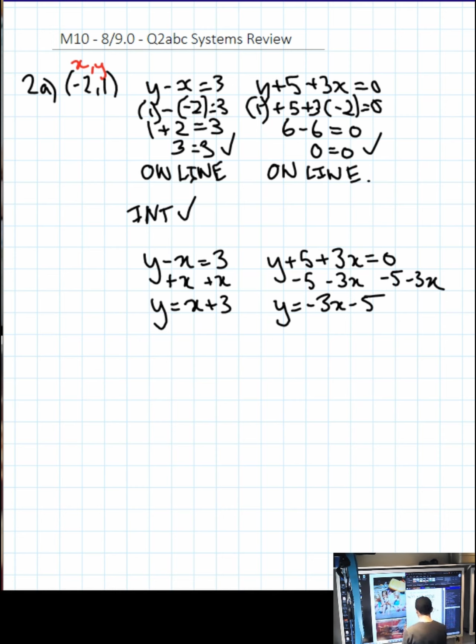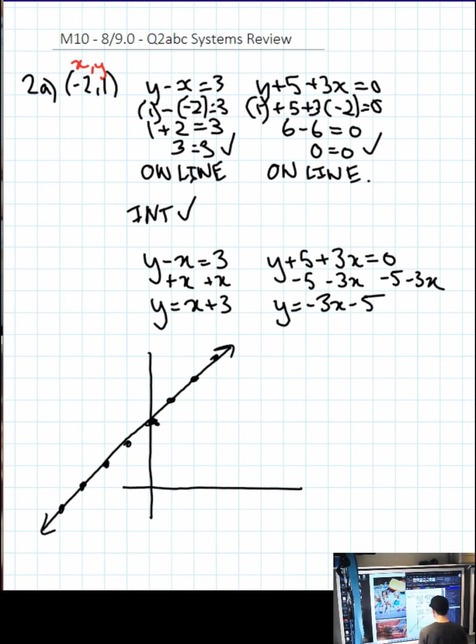So let's first of all draw a graph. Now the equation on the left is a lot simpler. I just have a y-intercept of 3 and a slope of up 1 over 1. Now the equation on the right has a y-intercept of negative 5. So I'm going to extend this graph down, y-intercept of negative 5, and we have a slope of negative 3.